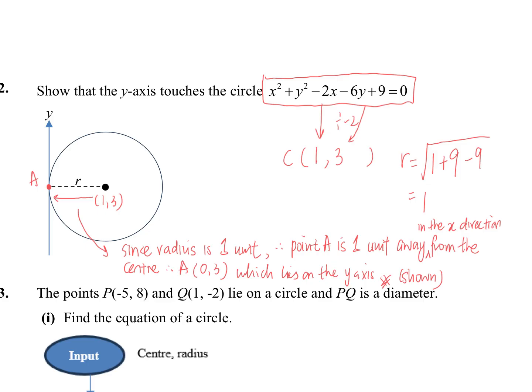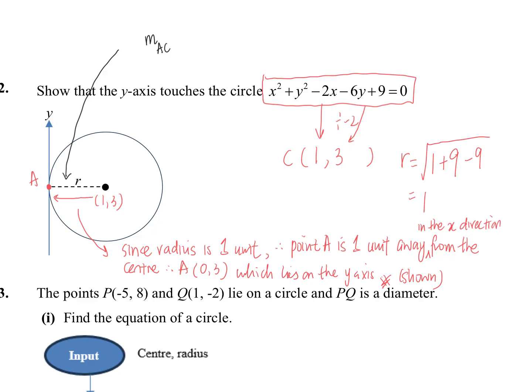Okay, what if I go one level up and I ask you to prove that the y-axis is a tangent to the circle? What do you think you will do? If I ask you to prove tangent, go and find the gradient between the point A and the center.